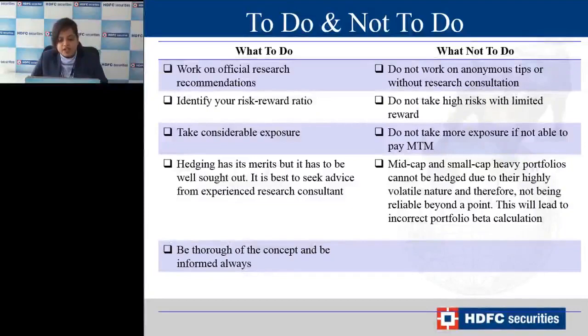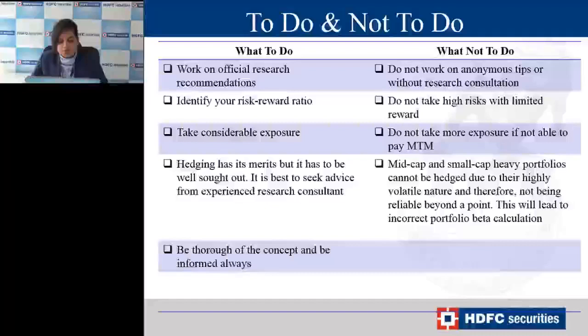So it is best to seek advice from any experienced research consultant before deciding what kind of hedging you should go for. Should it be a beta hedging? Should it be a delta hedging? Even if it's a delta hedging, what exactly kind of strategy should you go for? Because there are multiple strategies that you can do even when it comes to delta hedging. We've just covered a few, so it is always best to seek advice from an expert research consultant.